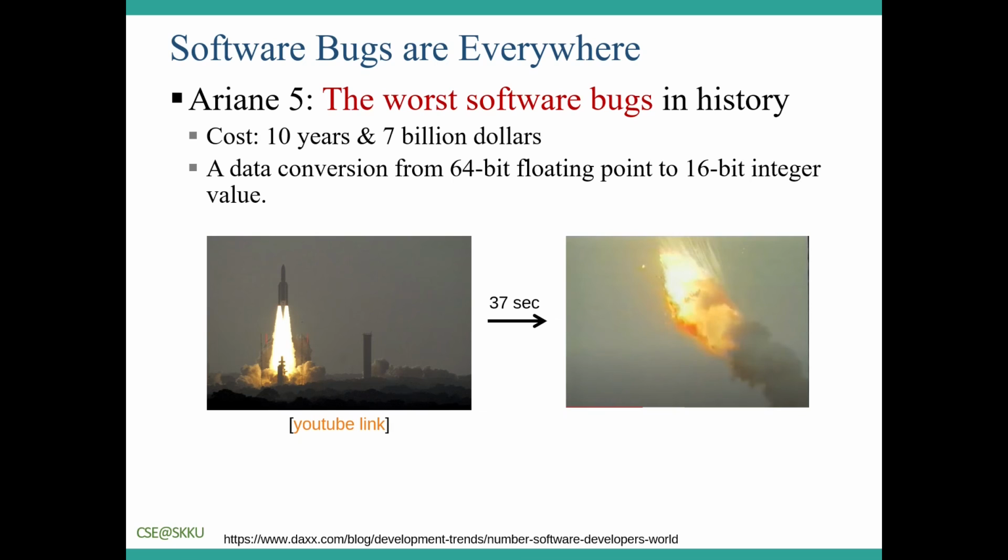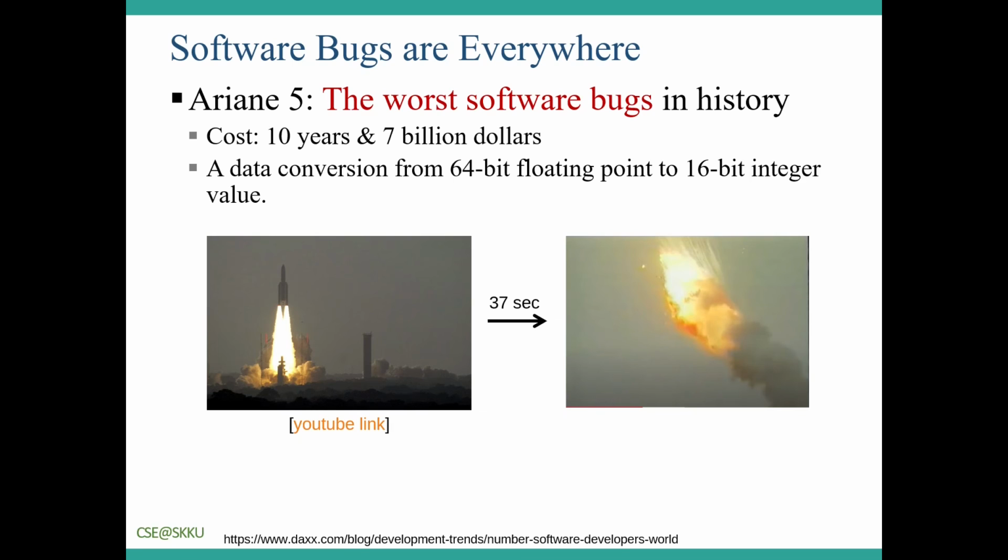I brought in a few infamous examples of software failures. One of the worst software bugs in history was the explosion of the Ariane rocket. The European Space Agency spent nearly 10 years and $7 billion developing this Ariane rocket, but due to a very tiny software bug, this incredibly expensive rocket exploded just 37 seconds after launch.